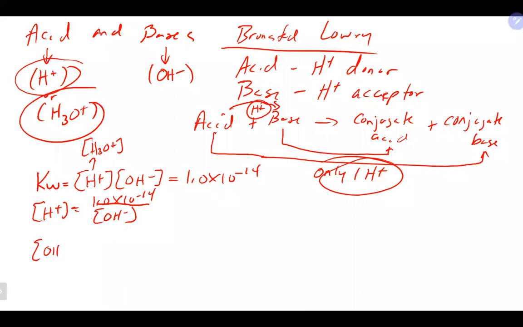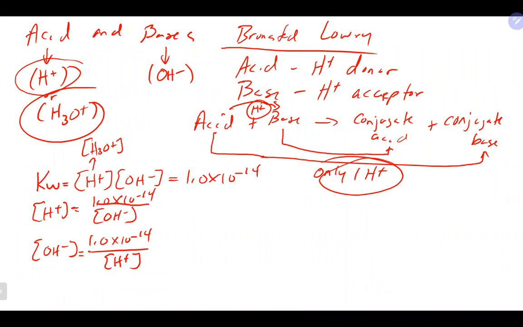We could do the same thing to solve for the OH minus concentration: 1 times 10 to the minus 14 divided by the H plus concentration. It really is the same calculation, regardless of which one you're given. So if you're given the acid part of the solution, you can figure out the basic part. And if you're given the basic part of the solution, you can figure out the acid part of the solution.